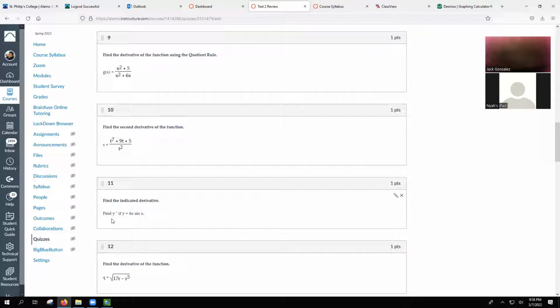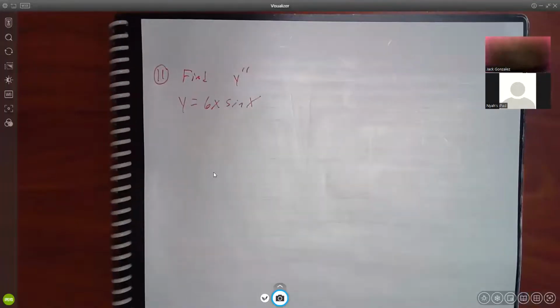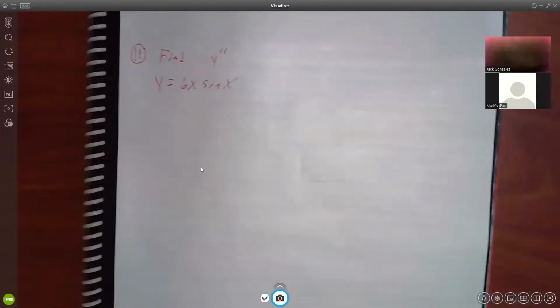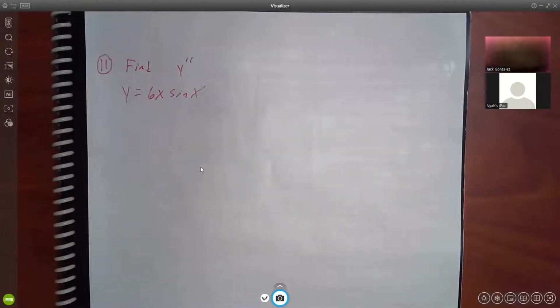So yeah, that one sucks. Find the second derivative.